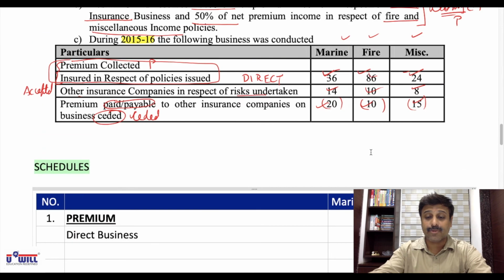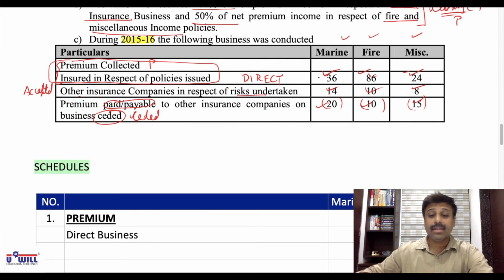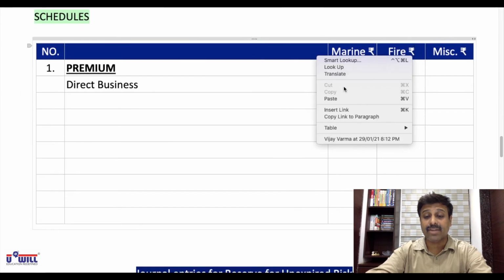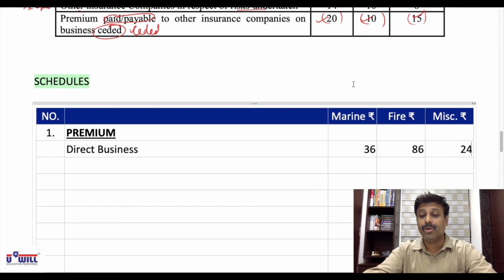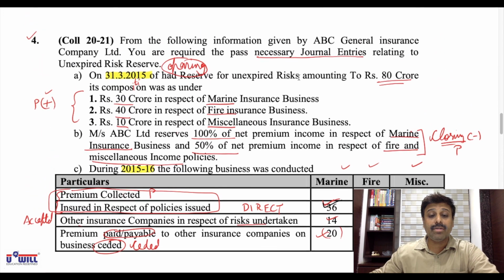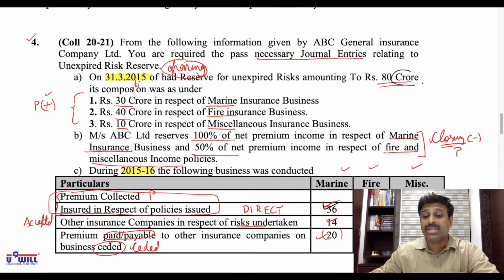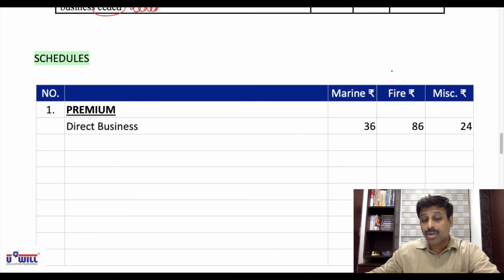Now direct business first we will record, that is 36, 86 and 24. So all of you write down 36, 86 and 24. The figures are in crores, not lakhs, so you can mention at the top rupees in crores.